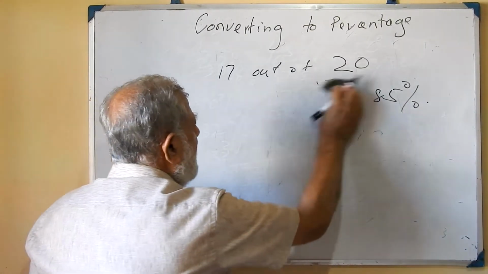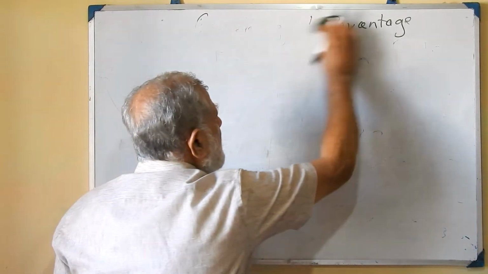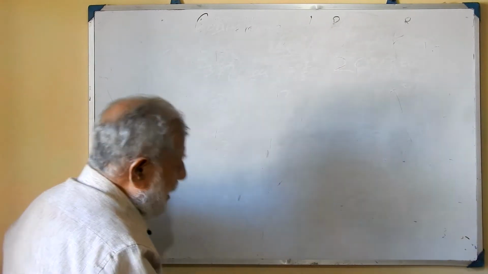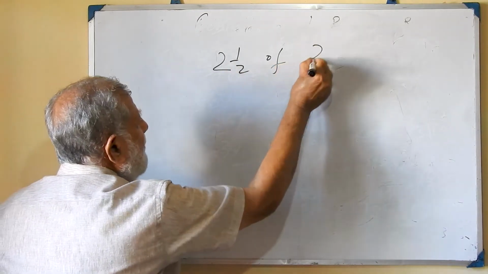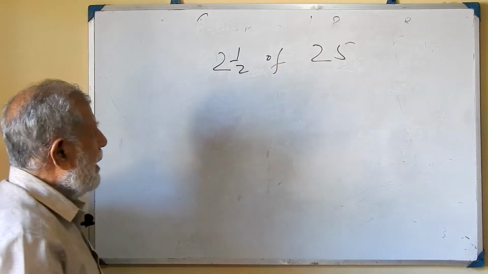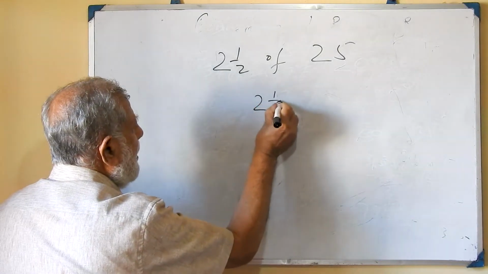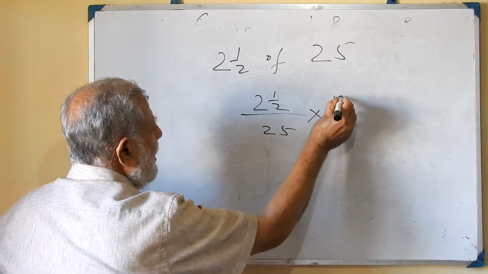Percentage of everything depends on how many types of sums you do. The more sums you do, the more experience you get. We'll say 2.5 out of 25. We have to find out percentage. So it will be 2.5 upon 25 into 100.